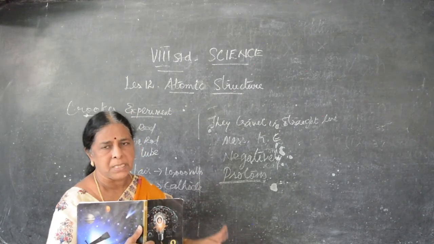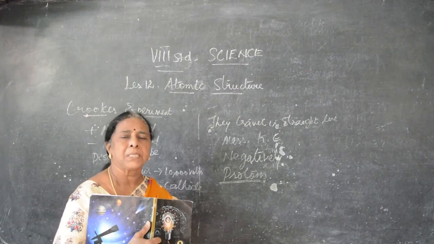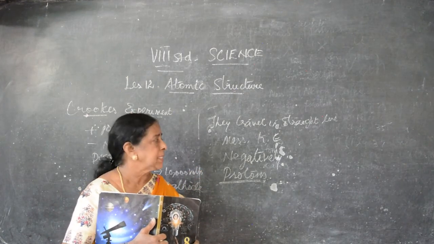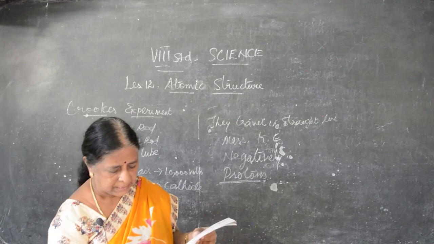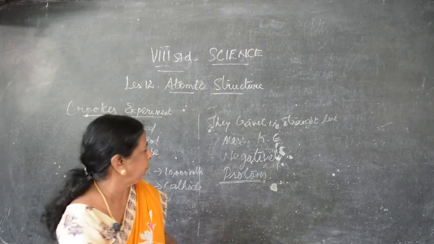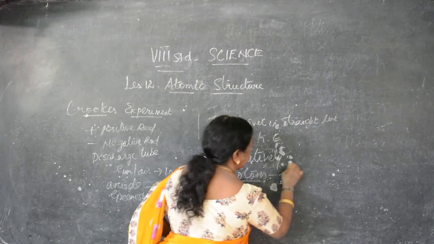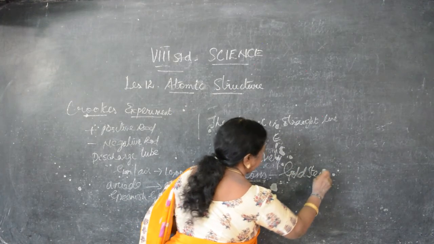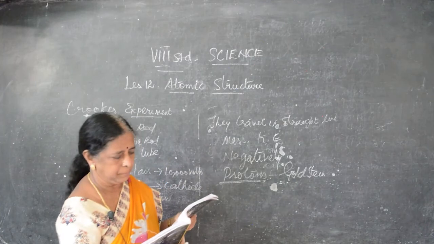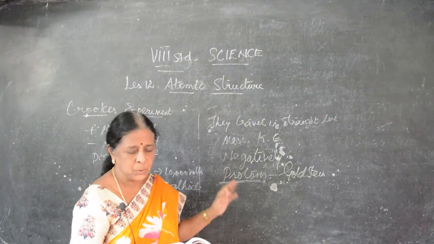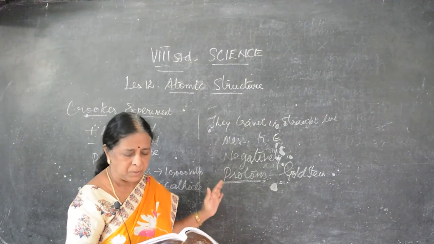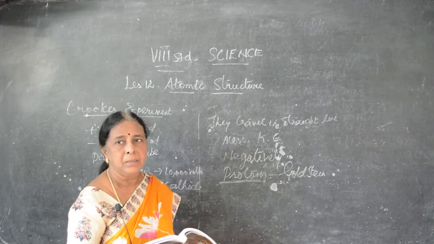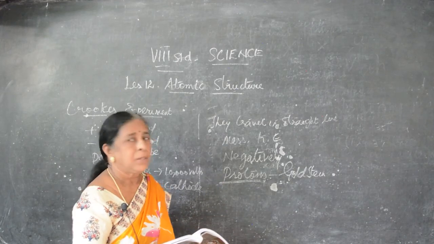Protons are positively charged, and the numbers of electrons and protons in an atom are the same. This was stated by another scientist, Goldstein. Protons were discovered by Goldstein. He experimented, starting from anode rays.